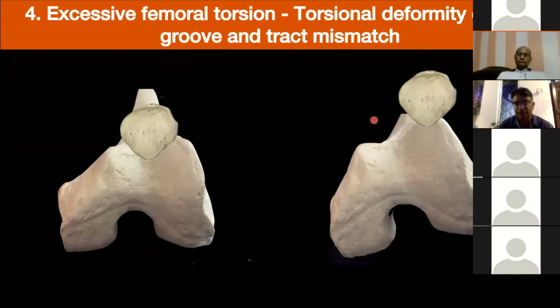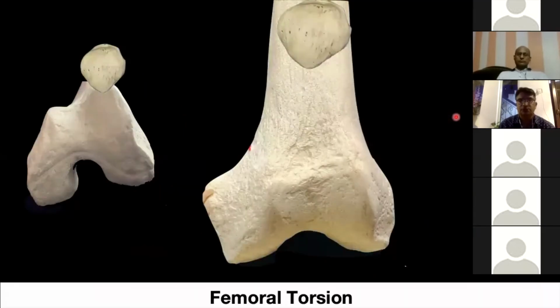Actually, the patella has to come from this side. Again, it hits the bump of the lateral condyle. Sushil very nicely showed that the normal lateral condyle is bigger than the medial condyle. So it hits the lateral condyle bump and it doesn't fall into the trochlea, but usually goes outside and it causes a patellar dislocation. So this is what happens.